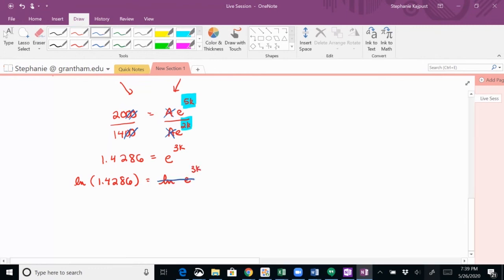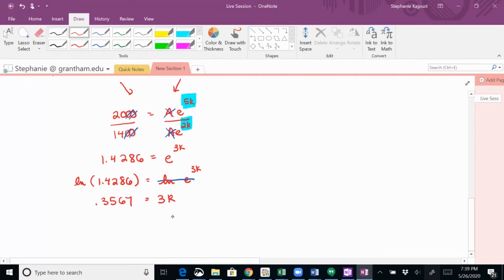And that natural log cancels out the e, so on the right side we just have 3k. On the left, I'm going to take the natural log of 1.4286 on my calculator. I'm going to get lots of decimal numbers, and I'm going to round it to 4 decimal places. So I get 0.3567 equals 3k.